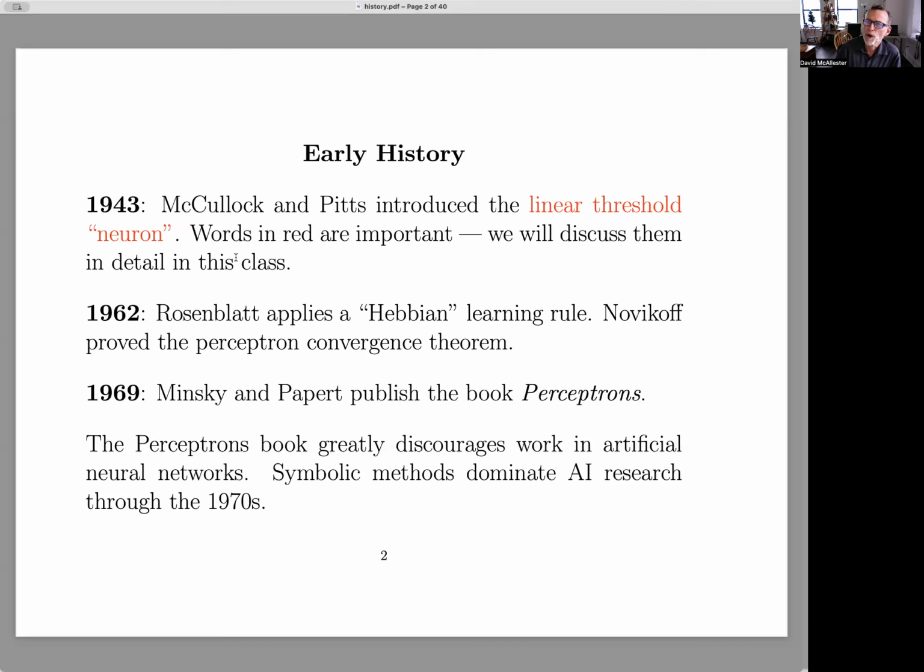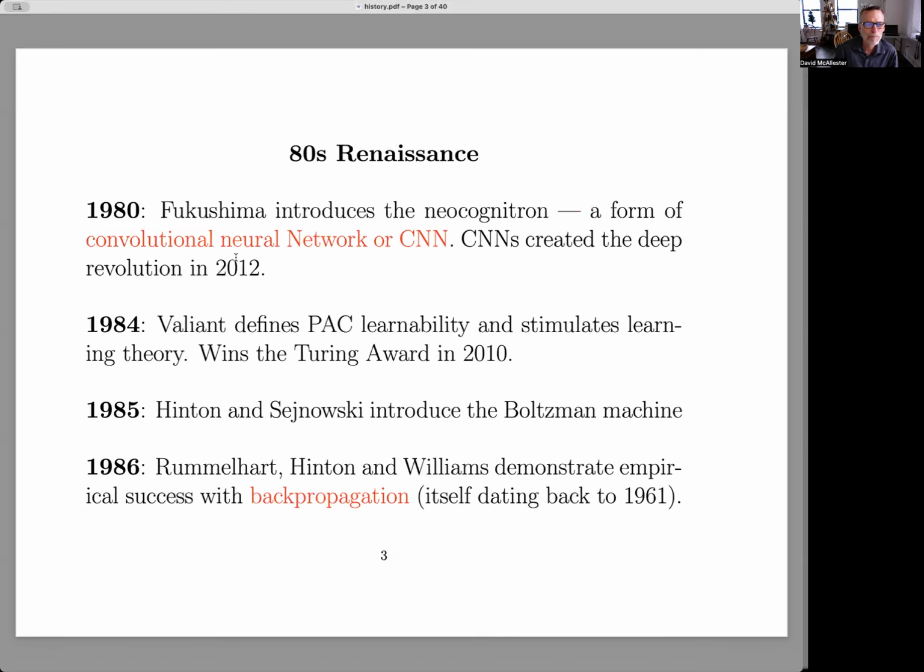Now, they ignored the possibility of stacking linear threshold units on top of each other, so-called deep neural networks. Even though they had ignored that, these theorems put a kind of damper on, or slowed down, progress in neural networks. And symbolic approaches, based on symbolic logic, dominated artificial intelligence in the 1970s.